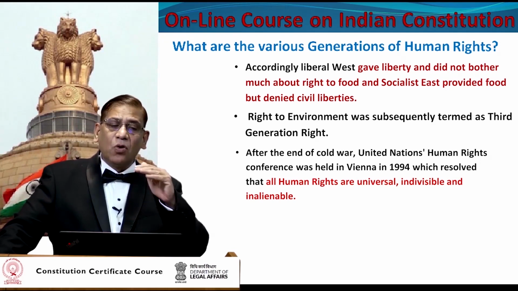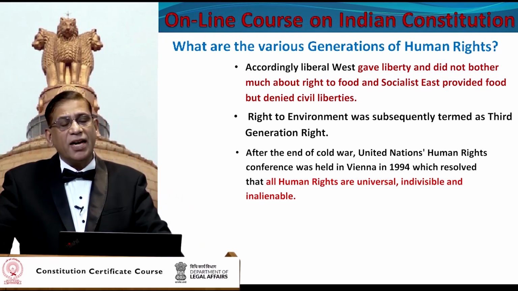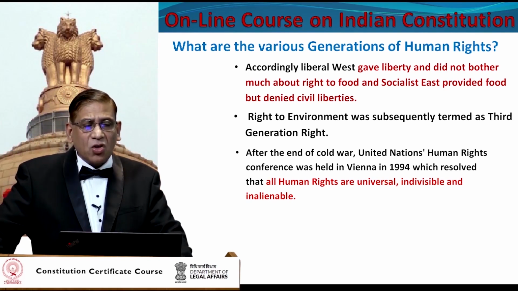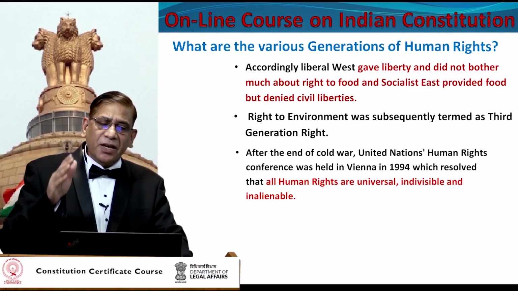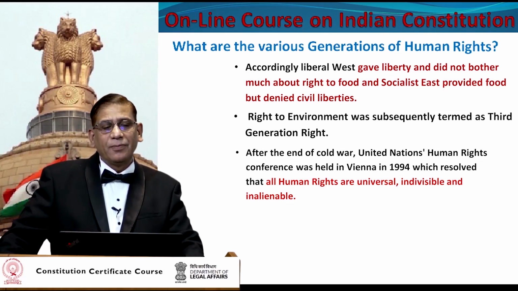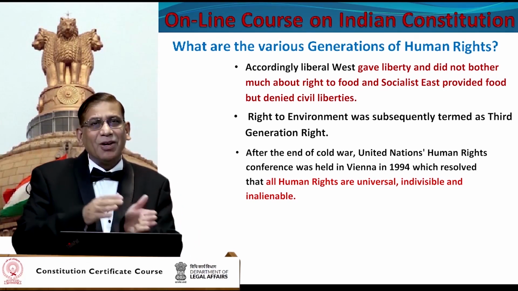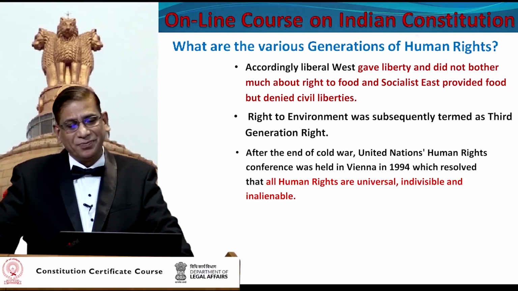After the end of Cold War, United Nations Human Rights Conference was held in Vienna in 1994, which resolved that all human rights are universal, indivisible, and inalienable. Therefore, whether rights are part of fundamental rights or they are part of directive principles, they are equally important.